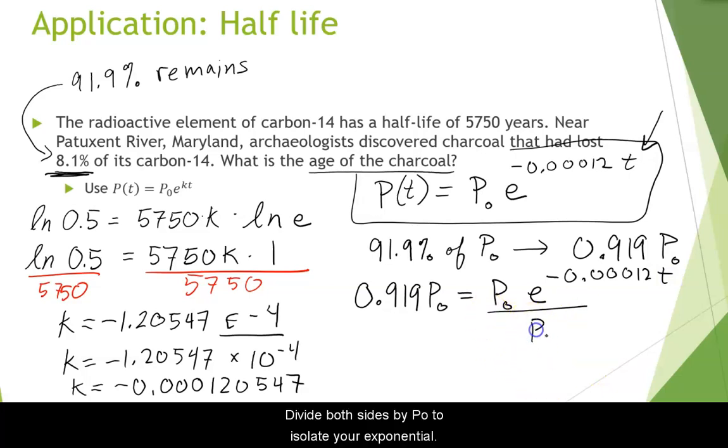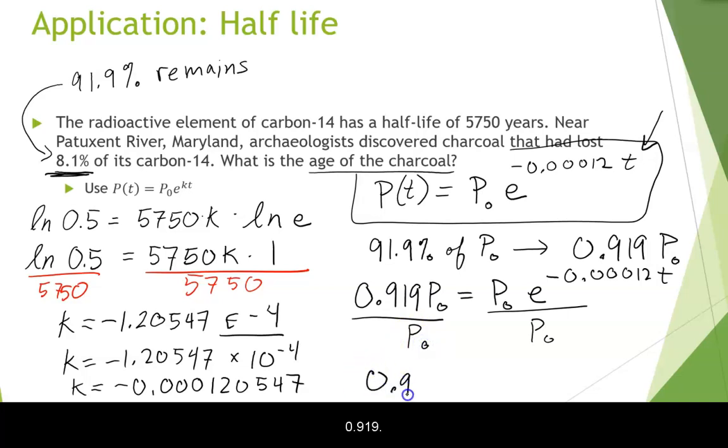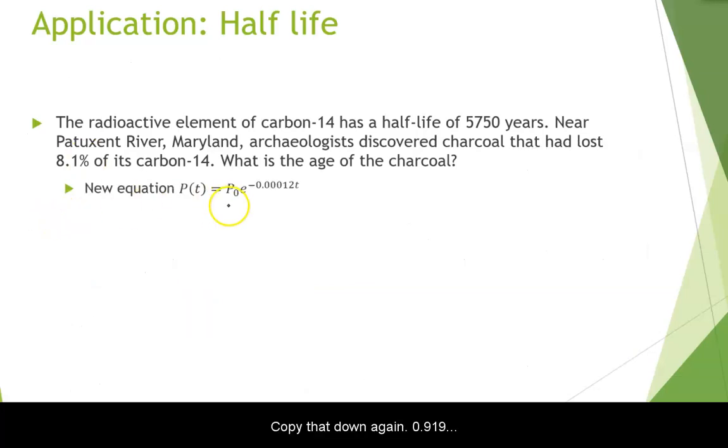Divide both sides by P naught to isolate your exponential. 0.919 equals e to the negative 0.00012t.